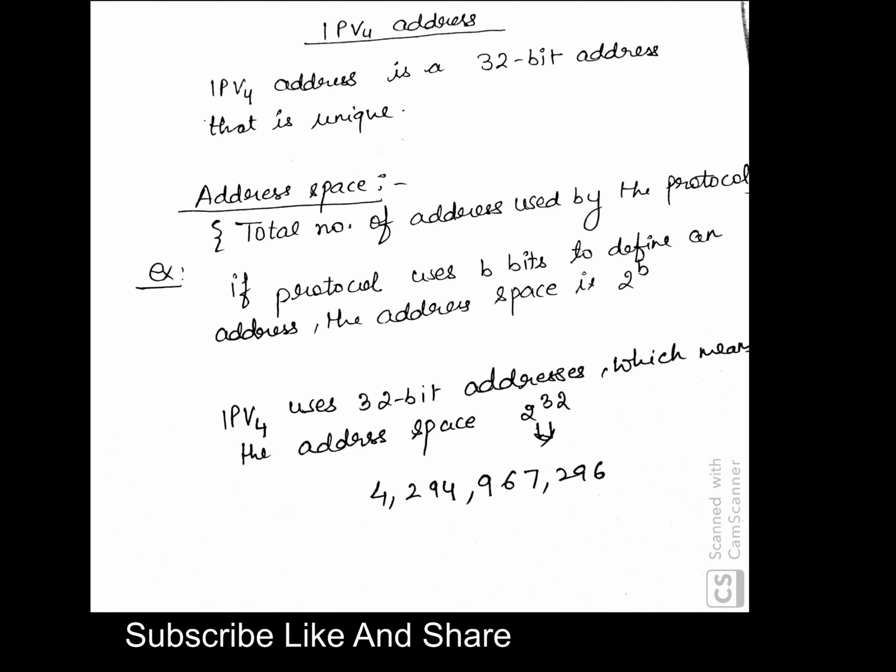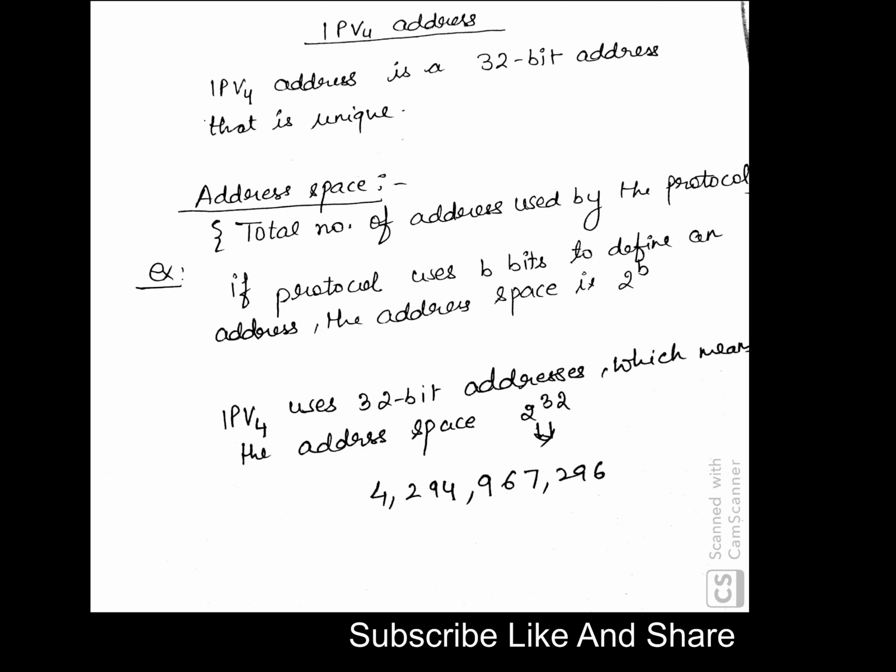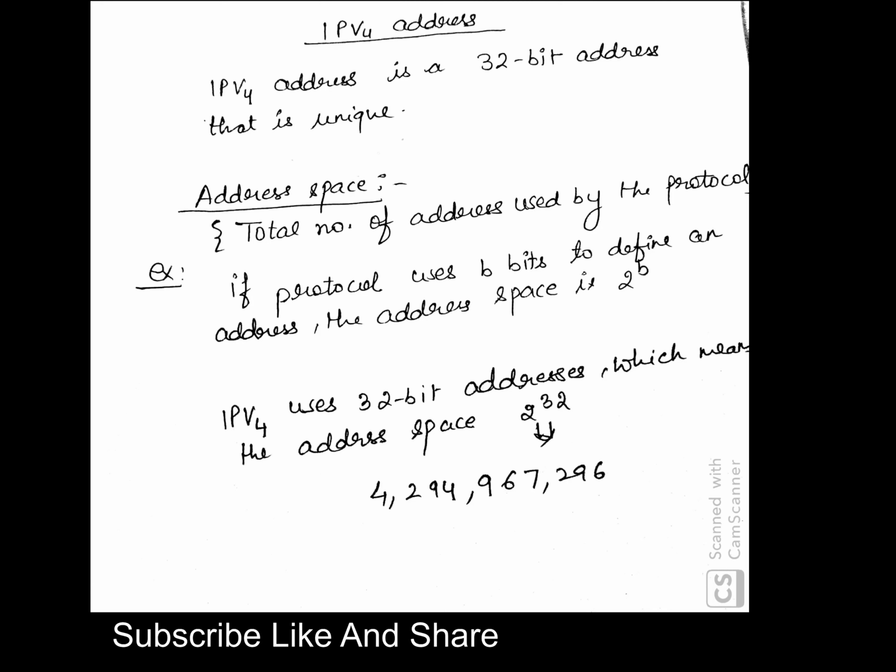Why do we use IPv4 addresses? Because IPv4 addresses are used in the TCP/IP protocol to identify the connection of each device to the internet, and it is also called the internet address or IP address.